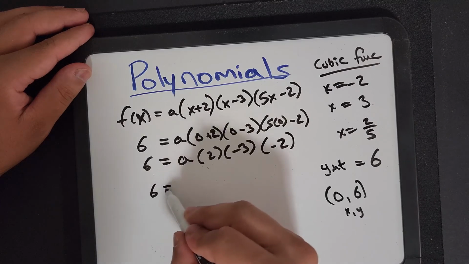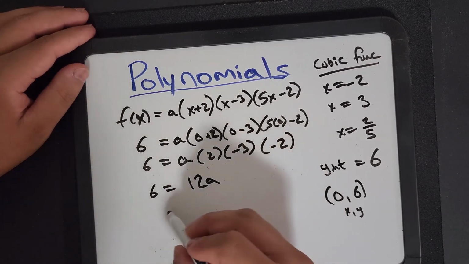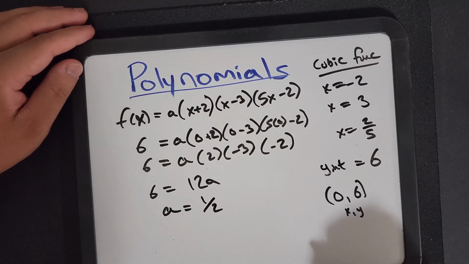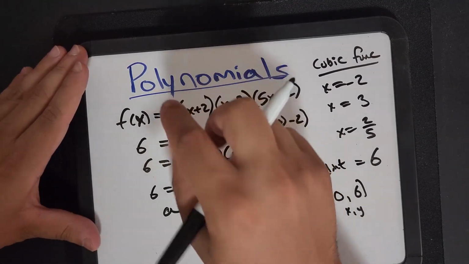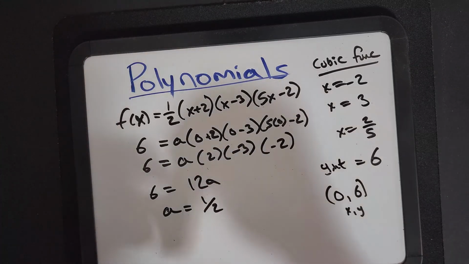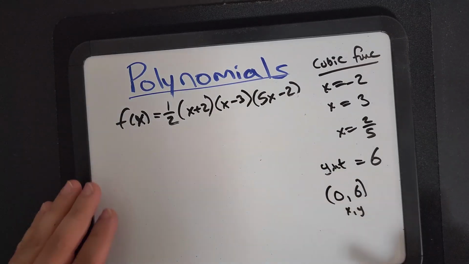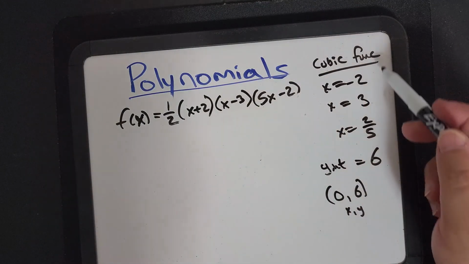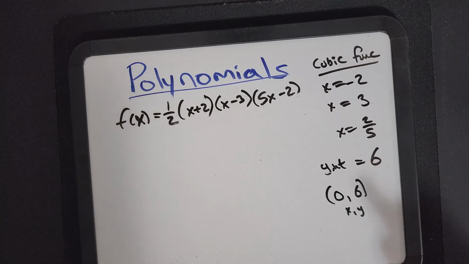So we have 6 equals 12a, and that leaves us with a equals 1 over 2. Now we know what a is, we can just put that back here. And see how easy that was. We found a cubic function with the 3 zeros and its y-intercept.